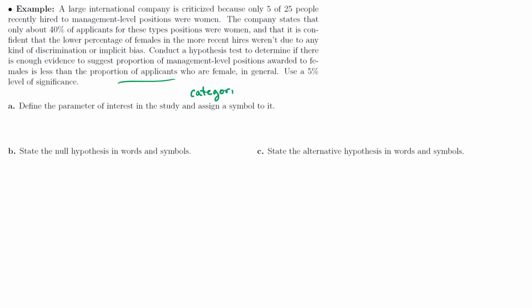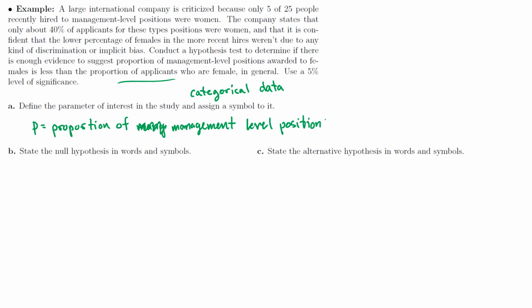We're dealing with categorical data. So therefore, automatically, I know I'm talking about a proportion. So we'll let P be the proportion of management level positions awarded to women.